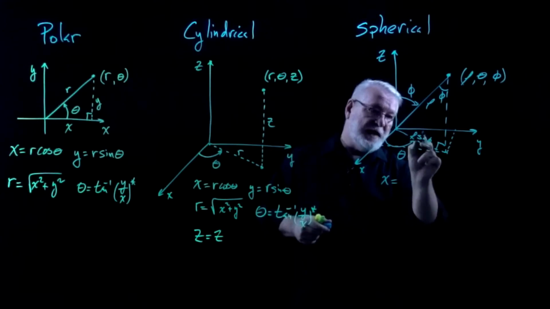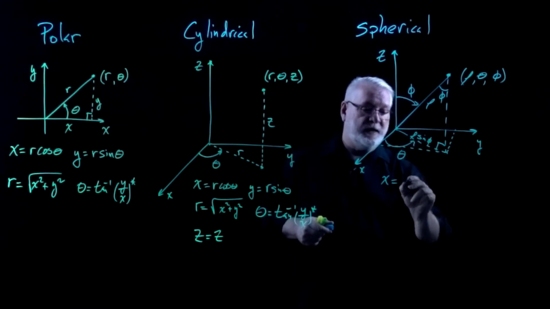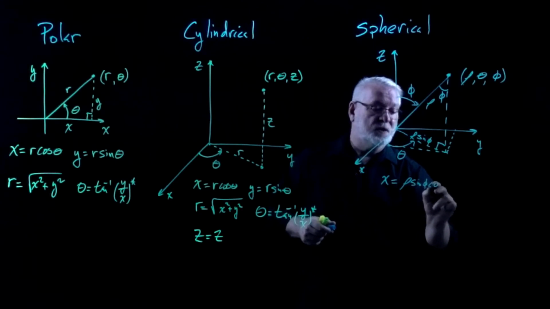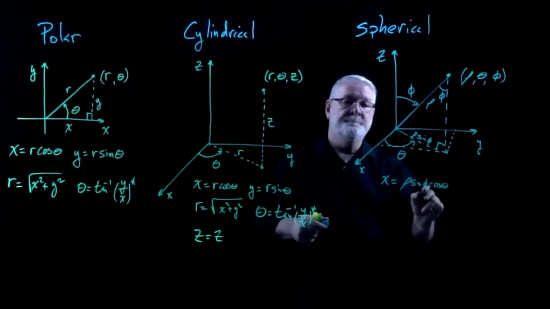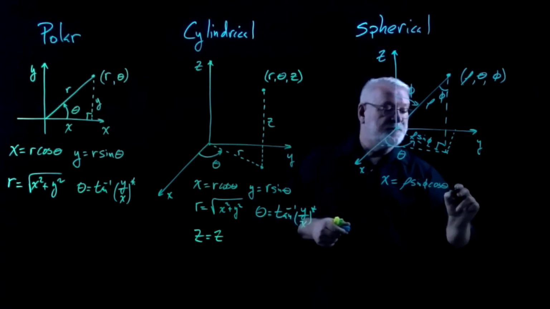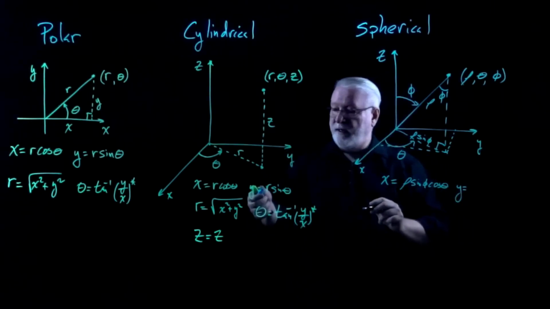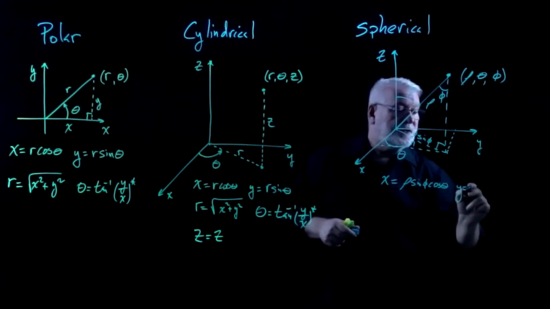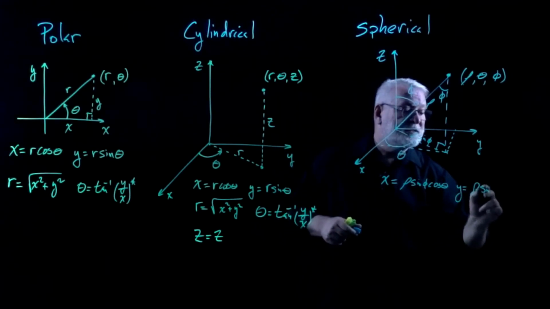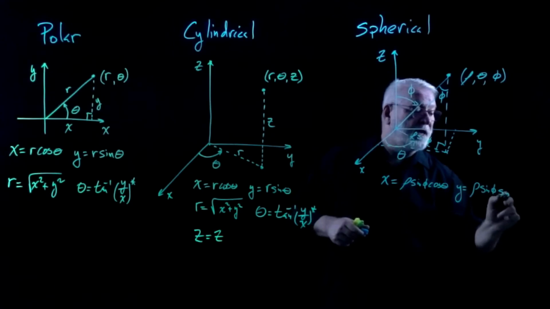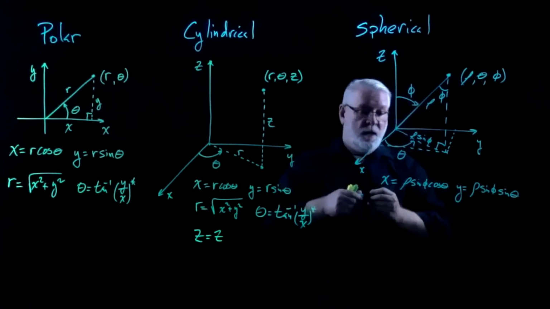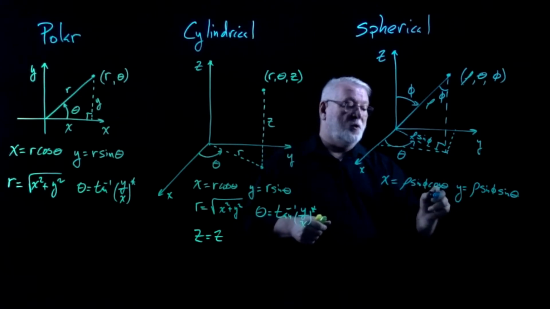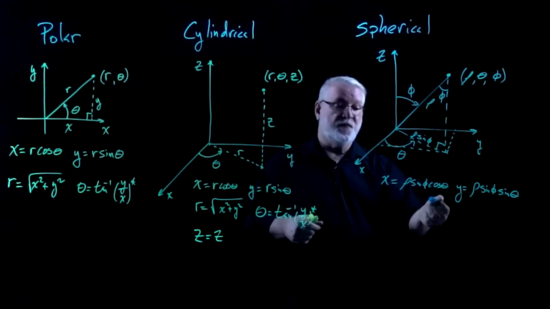Now the radius is this rho sine phi, so it would be rho sine phi times the cosine of theta. And the y coordinate correspondingly would be r sine theta, but r is provided by rho sine phi. So this would be rho sine phi sine theta. And those are the x and y coordinates in terms of rho, phi, and theta.